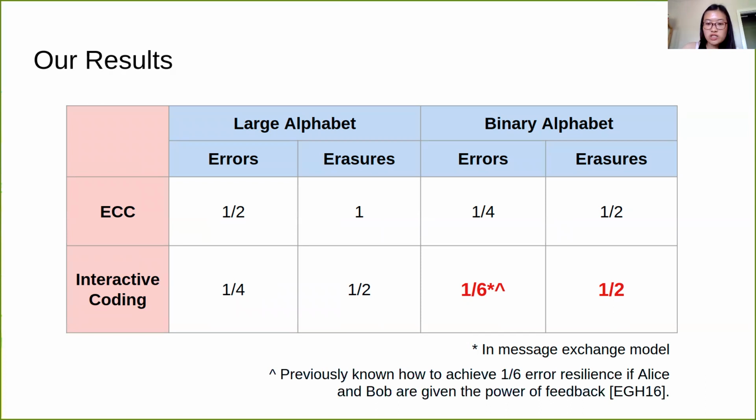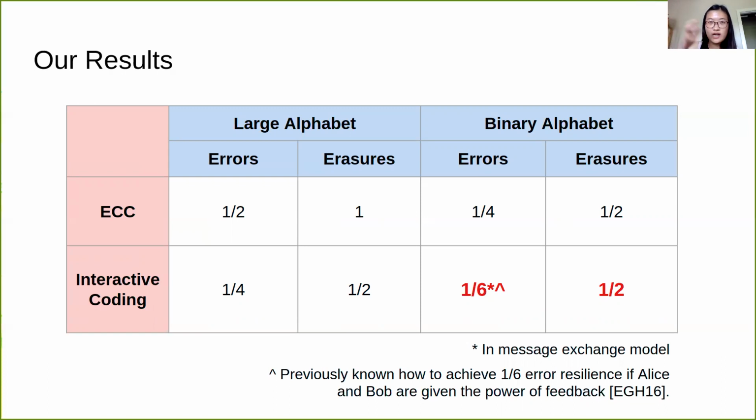I also want to mention that it was previously known how to achieve 1/6 error resilience if Alice and Bob are given the additional power of feedback. What feedback means is that, say I send a message and I also get to learn instantly what was received on the other side.